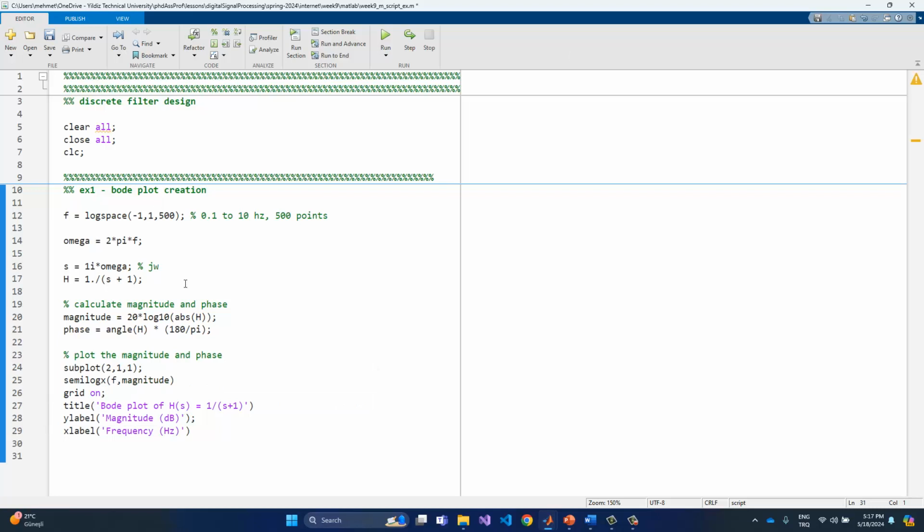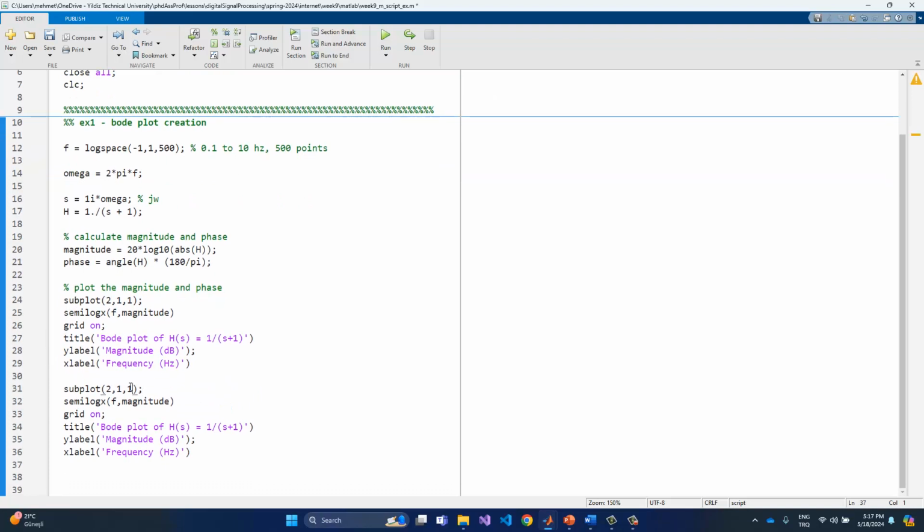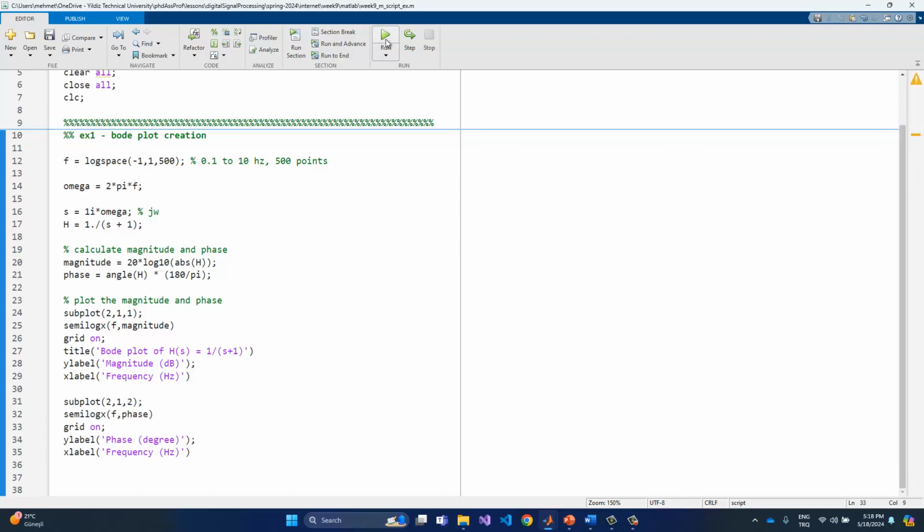And after that we need to give another form, which is the second, and the phase must be given in here, grid on and the frequencies and the phase. Okay, phase, which is given in degrees, and the frequency X label. Okay, we don't need any title in here.